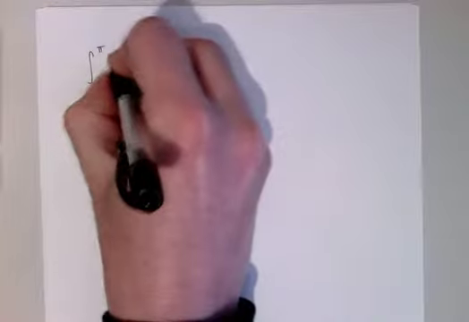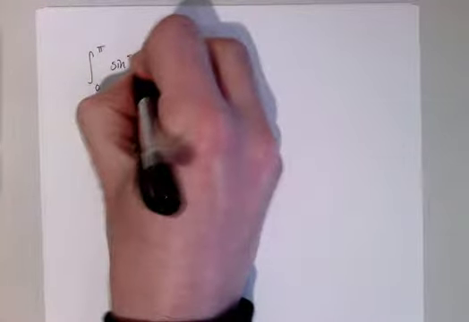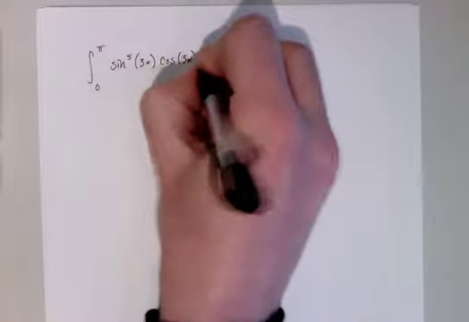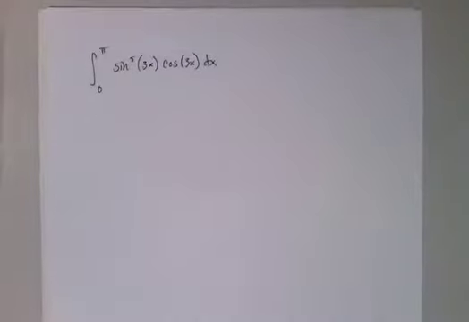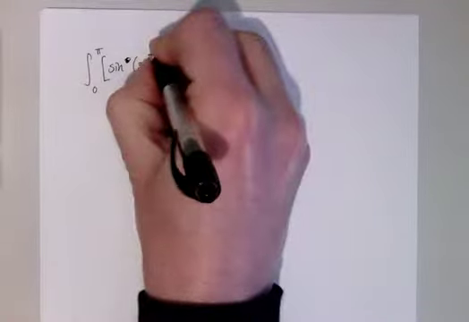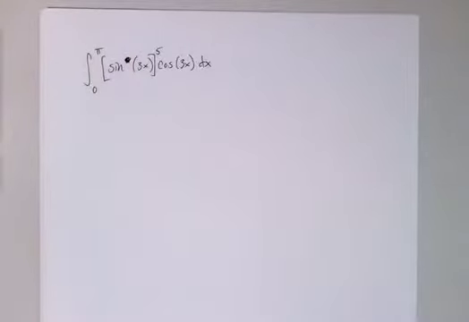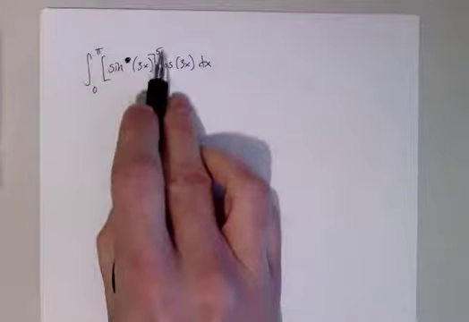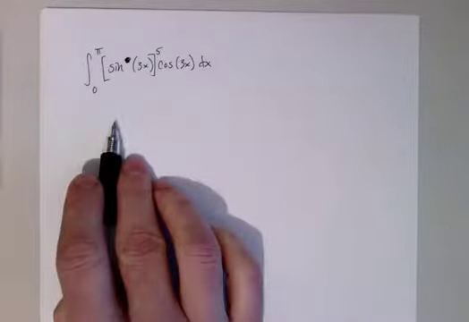We have the integral of sine to the 5th of 3x times cosine 3x dx. For those that are uninitiated in trig, that looks rather nasty, okay? We just need to remember that that is that, right? We can take that and put brackets around it and put that exponent up here because that's actually what it means.